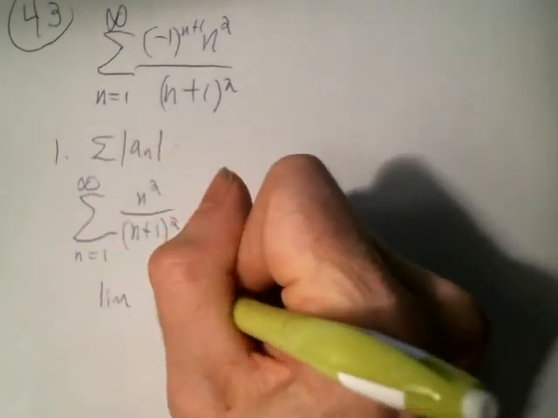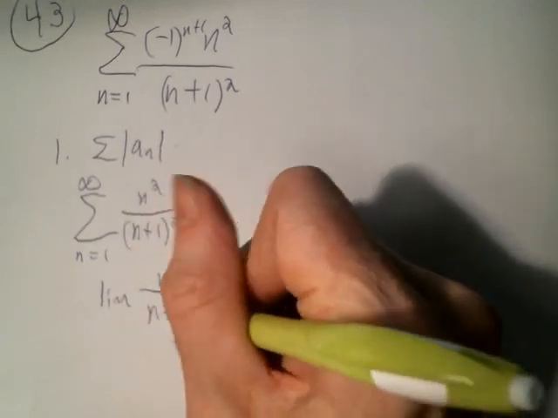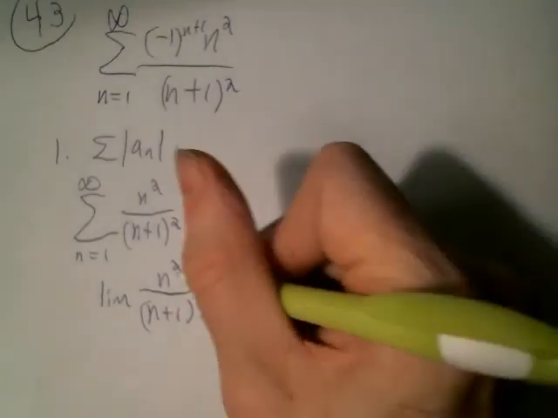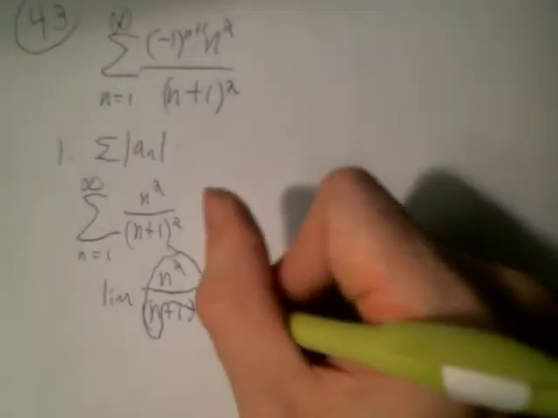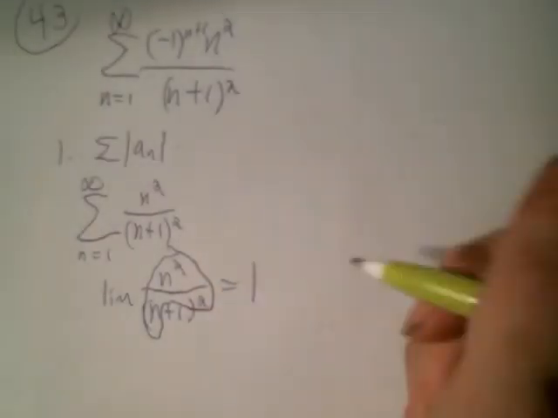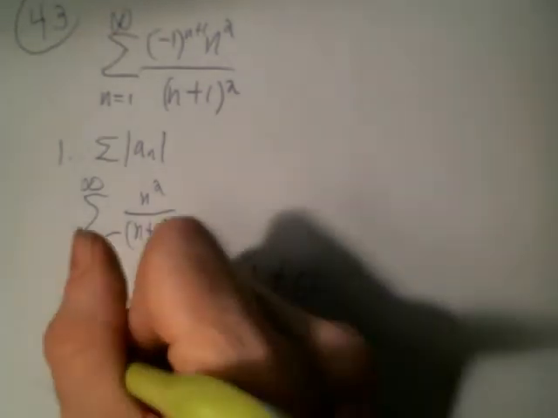So the limit of n squared all over n plus 1 squared is equal to the limit of n squared over n squared, which is just the limit of 1. So that will equal 1, which does not equal 0.